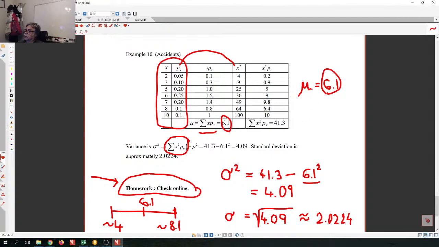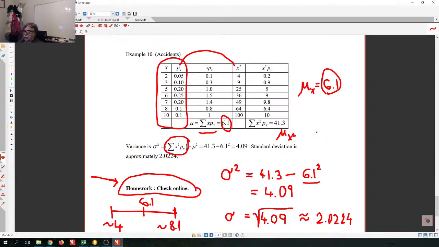So if you want to call this expectation of x, this guy here would be the expectation of x squared. That's also a variable, right? On a random day, it happened to be 2 accidents. Well, okay, so on that random day, it happened to be a square of 4 accidents.